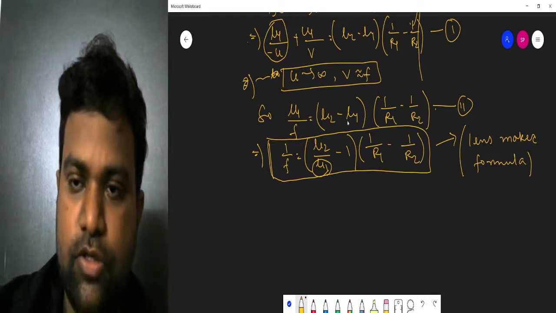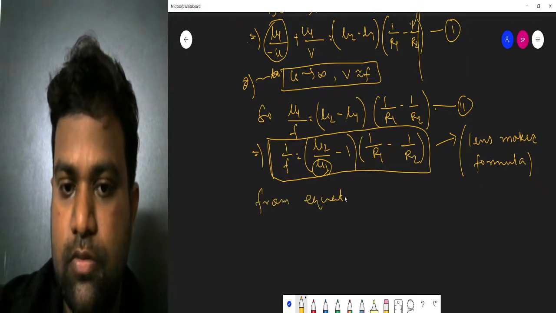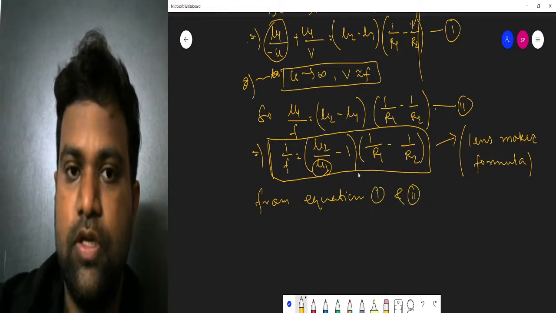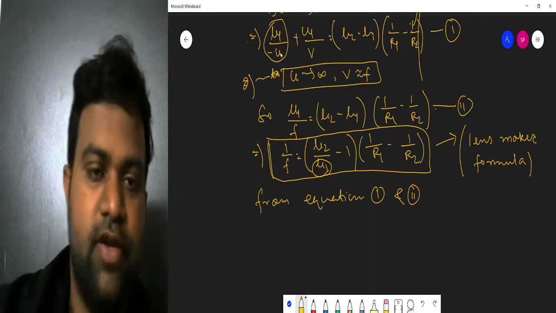And from equation 1 and 2 you can write, the right side is equal, so left side will be definitely equal.